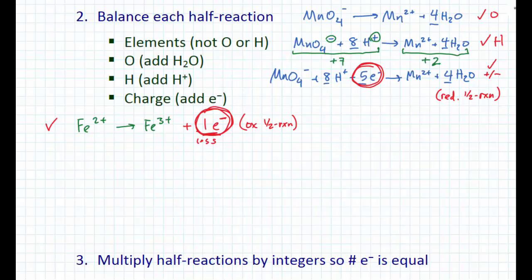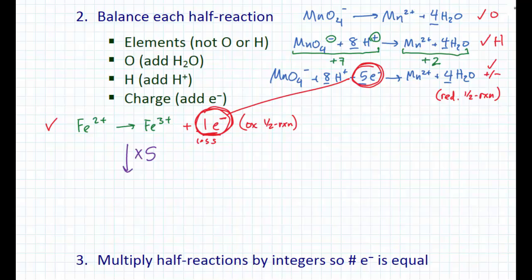So we'd be multiplying the oxidation reaction by 5. Yes, because we need 5 of those oxidation reactions to produce the 5 electrons that are needed by the reduction. Correct? So, times 5, in order to get those to match up.